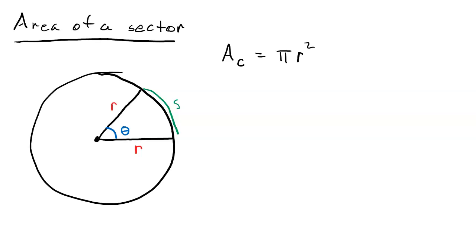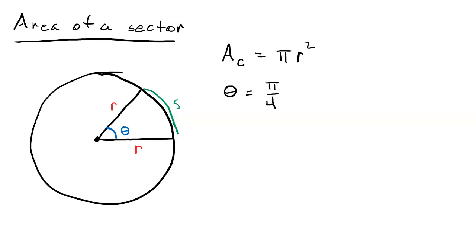So, for example, let's look at theta equals pi over 4. Now, this theta is going to be some portion of the 2 pi that's in the total circle, right? If we rotate completely around, we go 2 pi around. So let's see what kind of portion pi over 4 is to 2 pi.